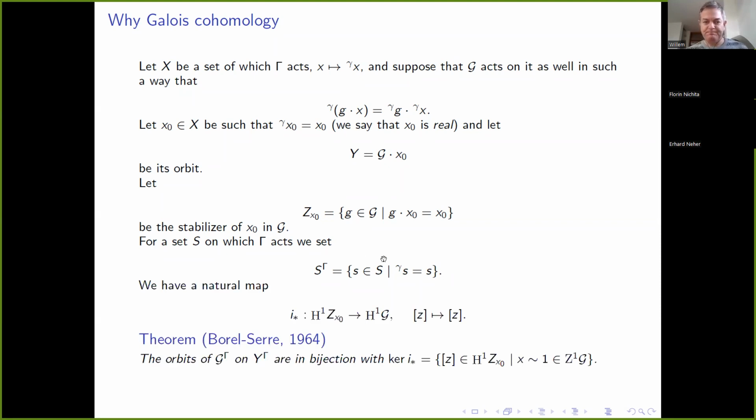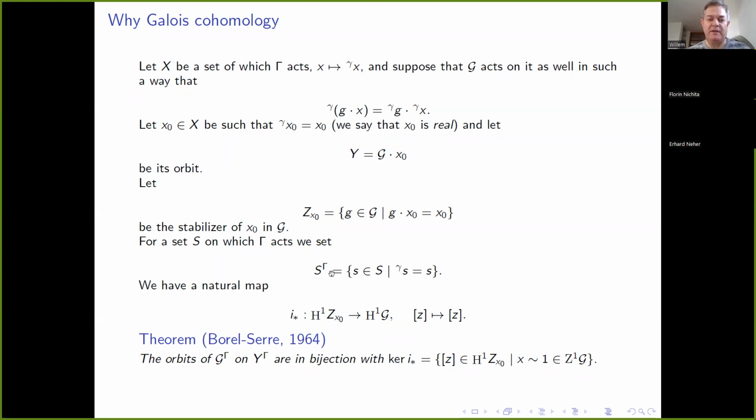Then, because the stabilizer is a subgroup of G, we have a natural map of the H1 of the stabilizer into the H1 of G, which just maps the class of a thing in the first set to the class of the same thing in the second set. It's quite a natural sort of thing. Doesn't do anything basically.